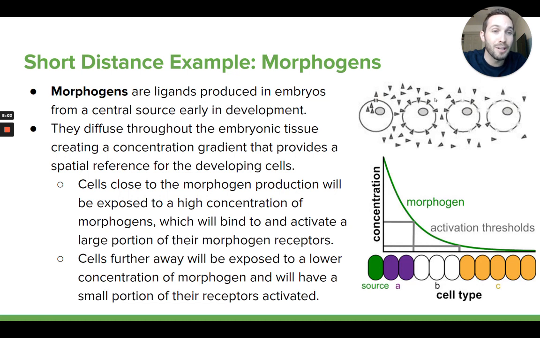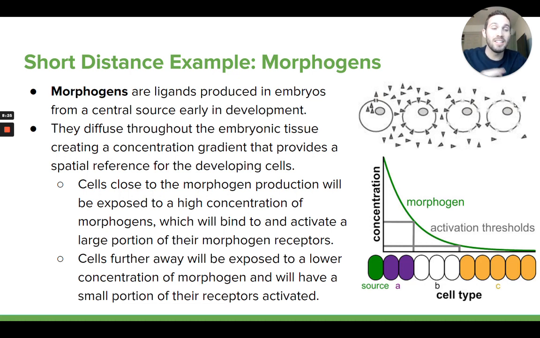If you're really close to this cell, you're going to be exposed to a high concentration of morphogens, which means very likely a lot of your morphogen receptors are binding to that signaling molecule. Whereas if you're further away, you likely have a lot fewer receptors binding to those morphogens.